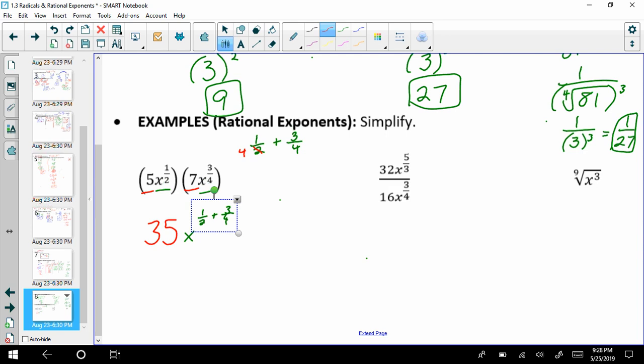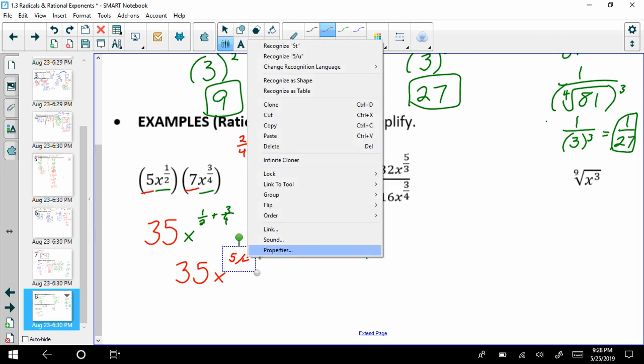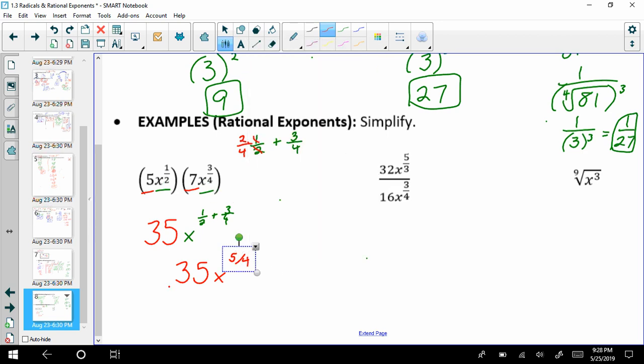But that would mean I'd have to multiply by 2 to do that, so I have to times the top as well. So it becomes 2/4. I multiplied it by 2. Now I can add them together. So I would get 35x and 2/4 plus 3/4. I'd get 5/4. So 35x to the 5/4 is the answer.